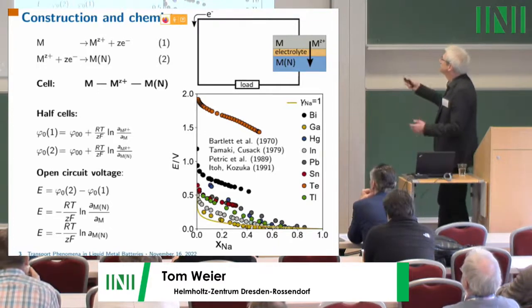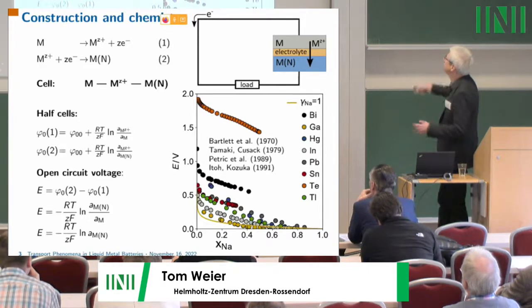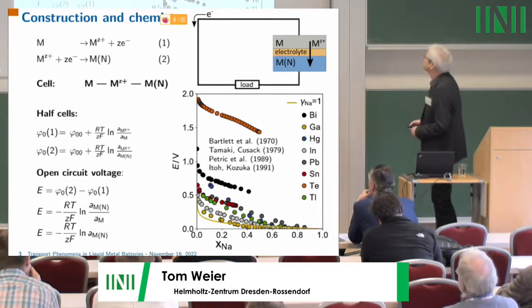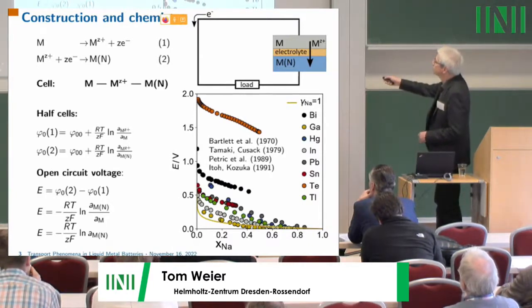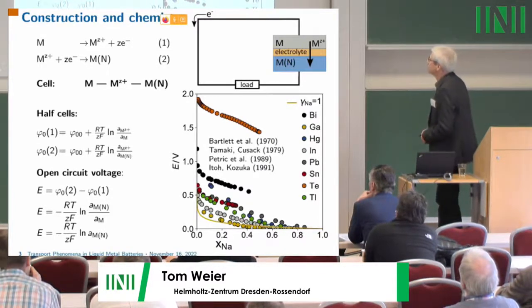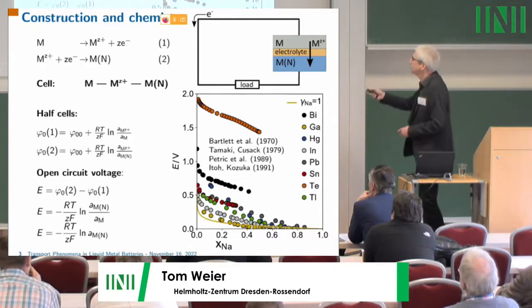And when it travels, as we heard already a few times, when it goes out of the anode, goes into the electrolyte, it has to shed electrons and gets these electrons back at the cathode and alloys with the cathode material. So the cell reaction, oh, no, that's not the cell reaction, that's a mistake.